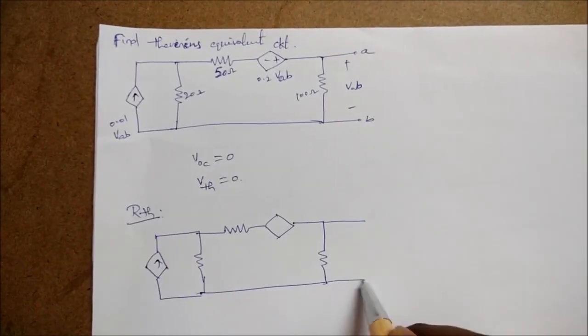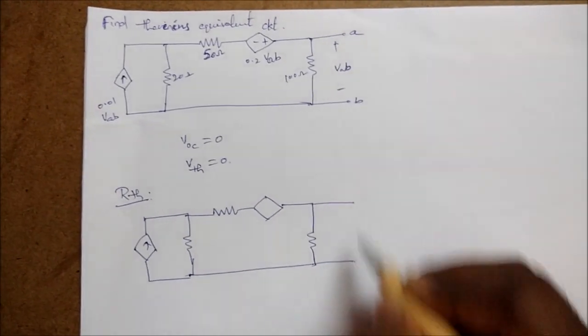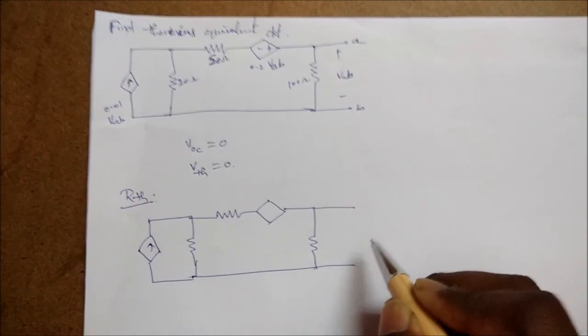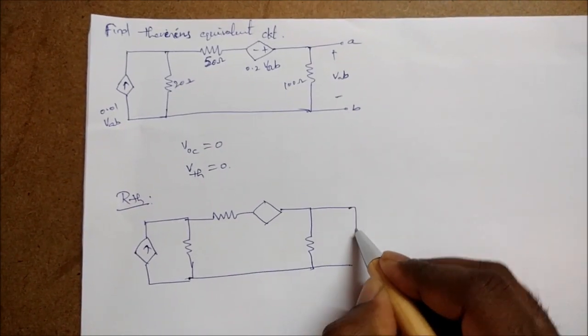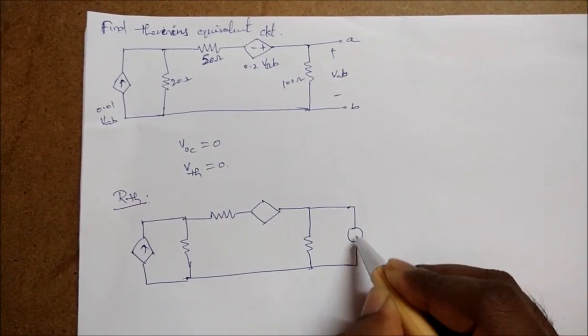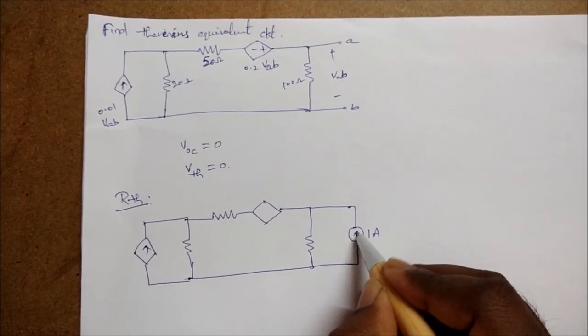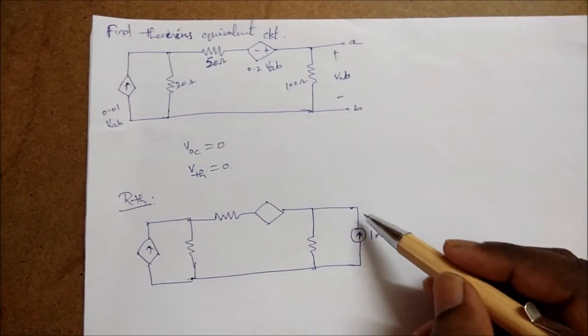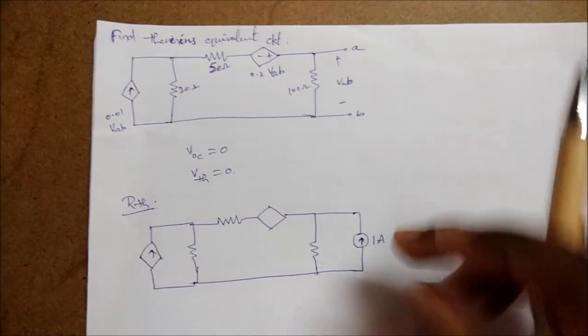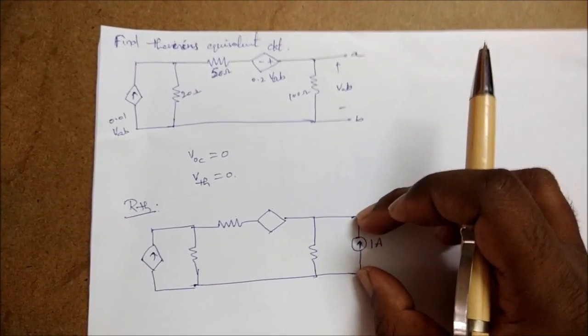Across these two terminals we need to find the resistance value. So let us connect one current source of 1 amp, and I will find the voltage across this 1 ampere current source.